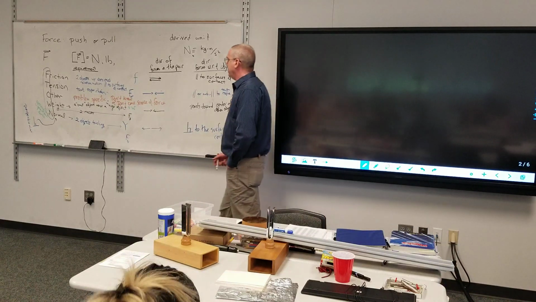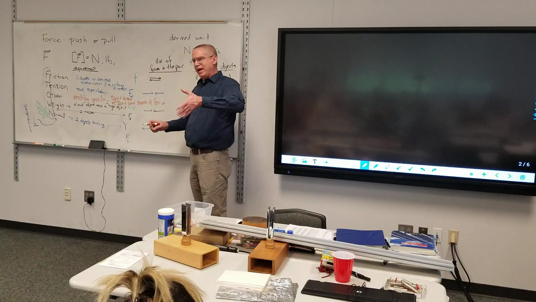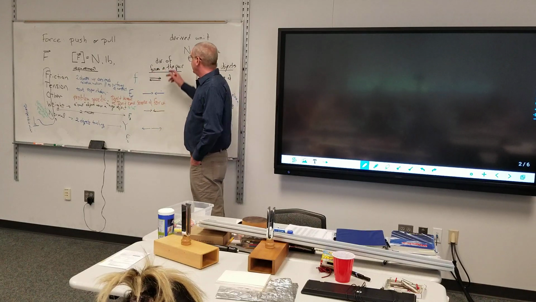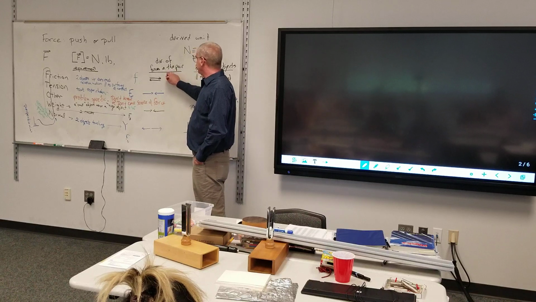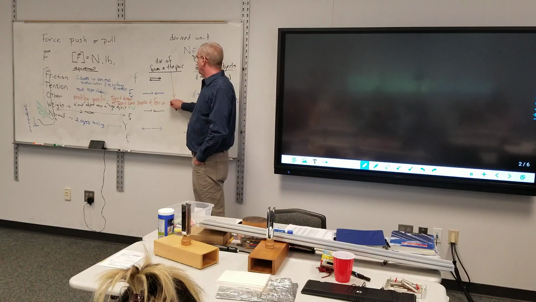The direction of the pair, when you're dealing with others, since you don't really care about half of the pair, this direction of forces in pair with respect to each other does not matter.